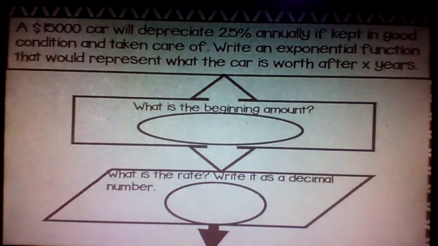So it says a $15,000 car will depreciate. What does that mean? Go down, depreciate, decline. Okay, all of those words mean go down. So we're depreciating 25% annually if kept in good condition. Annually means every year. Write an exponential function that would represent what the car is worth after x years.